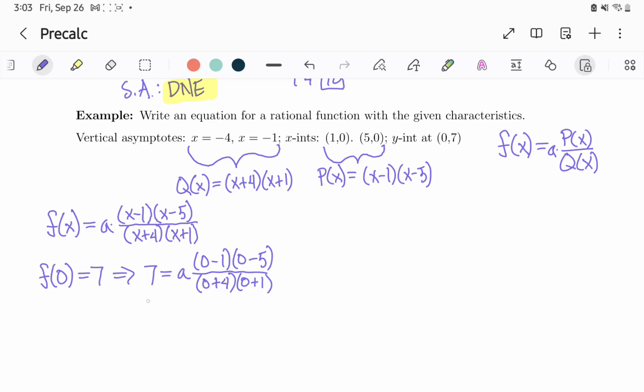And then from here, we want to simplify. So 7 is equal to a times, minus 1 times minus 5 is going to be 5, and then over 4 times 1 is going to be 4. And so solving for a, we end up with a is equal to 28 over 5. That's after we multiply both sides by 4 over 5 to get a by itself.